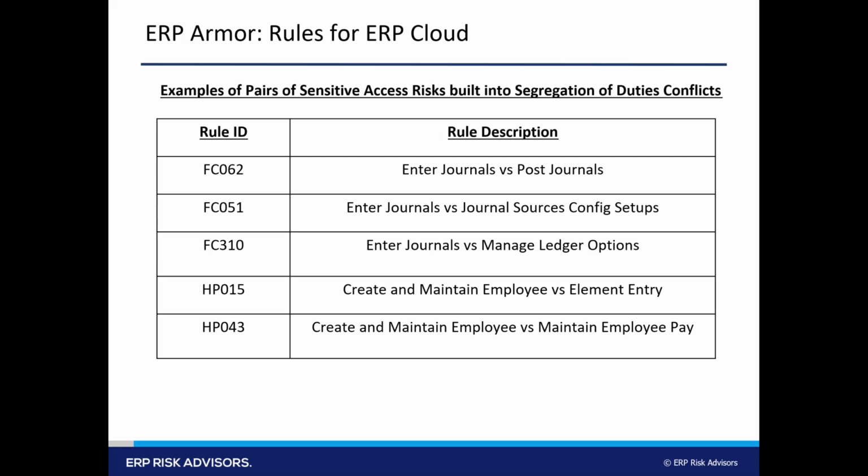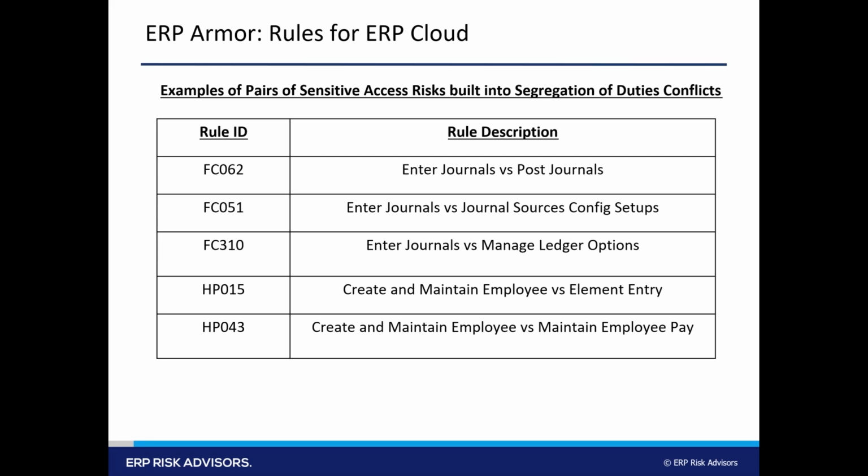Actually, both FC051 and FC310 are examples of that, where you want to pair whatever configurations are related to the workflow design in this case. Manage ledger options is where you can turn journal approval workflow on and off ledger by ledger. And journal sources would be a configuration that determines which source goes through the journal approval workflow process.